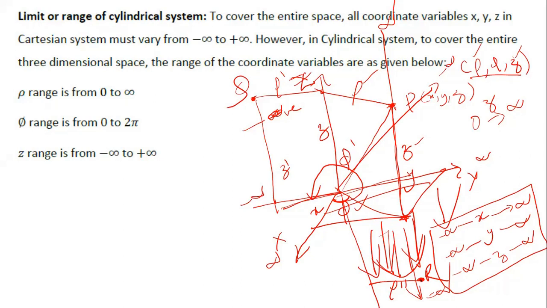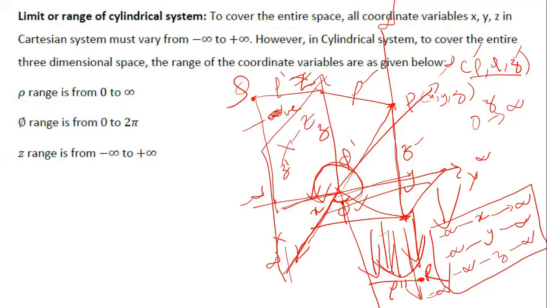Now, the next question is, what will be the range of our phi coordinate? In order to cover every point in the space, you should be able to rotate around 360 degrees. Phi equal to 0 means you can locate any points on the xz plane.